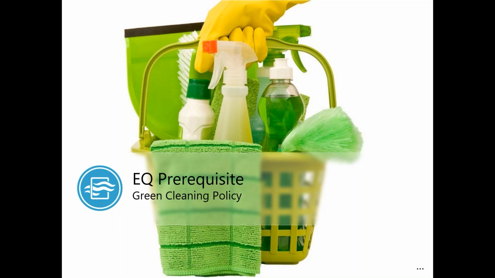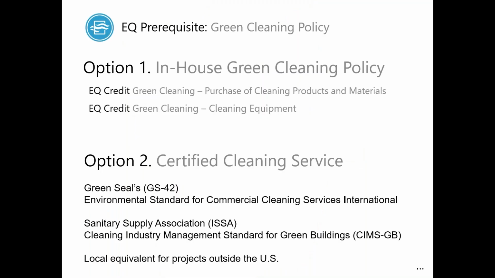All right. Yeah, we can definitely get through this policy before we wrap up the day. Again, we've got our classic two options, which you love to see in environmental quality. This one is going to be policy related, just like materials and resource. So you have the option for your own in-house green cleaning policy or a certified cleaning service that has their own policy.